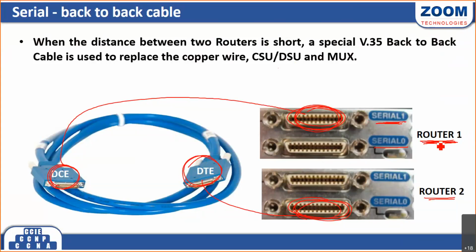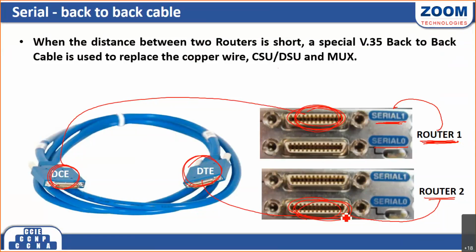No. Serial 1 is the master, the port. That is the important point. Router 1 S1 is the master, and router 2 S0 is the DTE, the slave. So simply we cannot say router 1 is the master and router 2 is the slave.